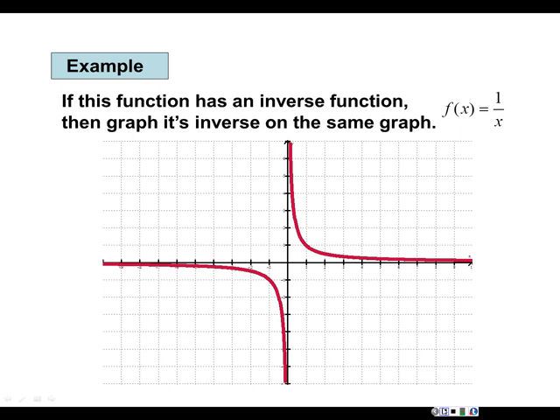Now let's see, (2, 1/2). That point is already here. Look at every single point. Let's say this point is (1/3, 3). So in the symmetric graph, there should be a point (3, 1/3).